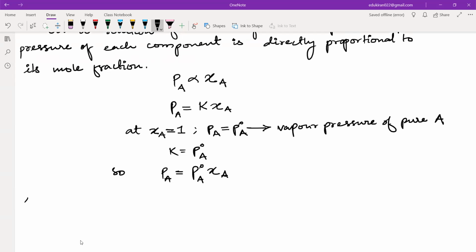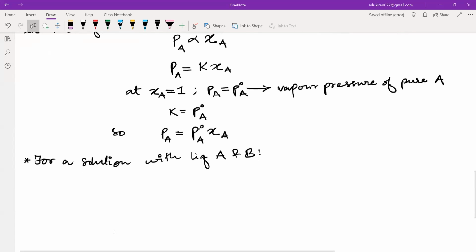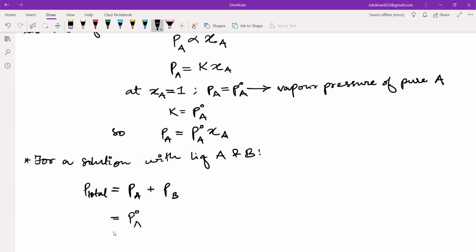And if I have two liquids, we can write for a solution with liquid A and B, the total vapor pressure will be the pressure due to A plus the pressure due to B. That means partial pressure of A plus the partial pressure of B. Now P total is equal to P naught A times chi A plus P naught B times chi B. This is P total.